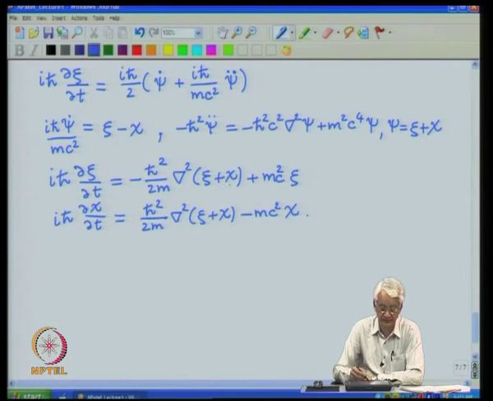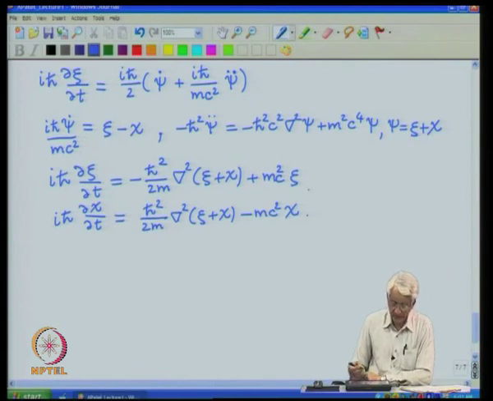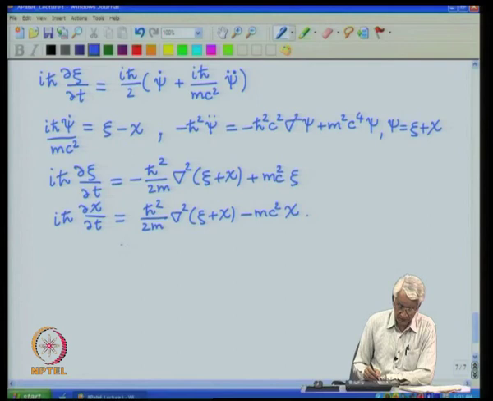In the Schrodinger equation it was not there, and now the Klein-Gordon equation gets those extra corrections, and one can analyze their consequences, and it also helps understand the particle antiparticle interpretation a little better.